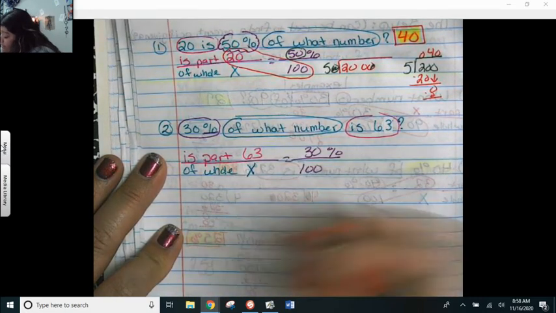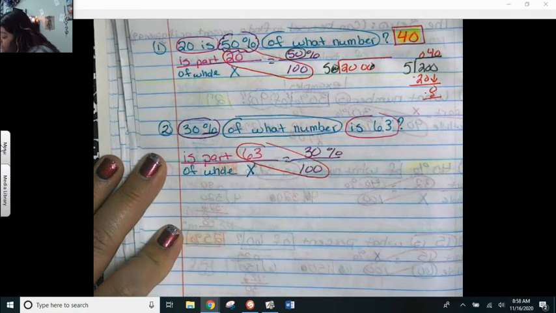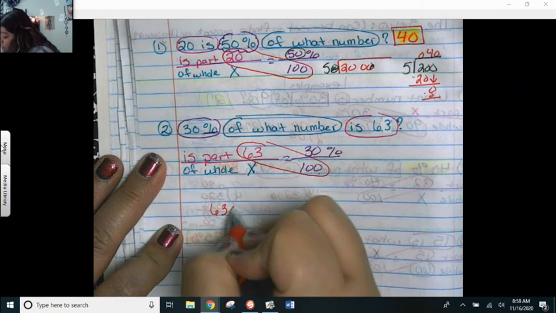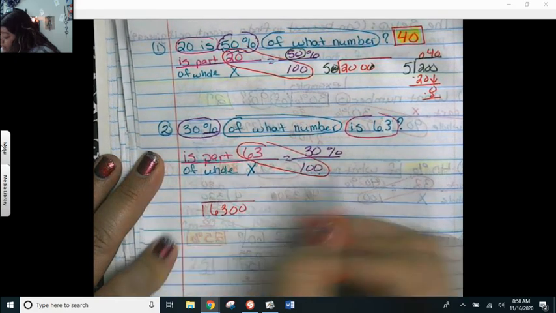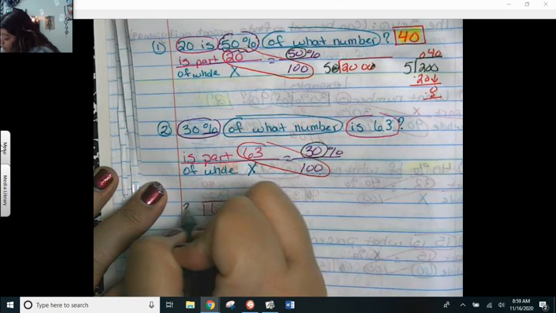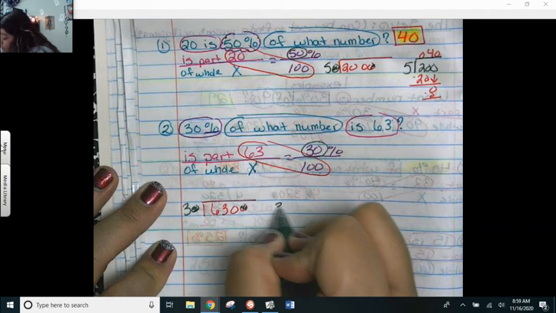Okay, now we're going to cross multiply. 63 times 100 is like saying 63 times 1, and add the 2 zeros. Divided by the number left, which is 30. Take out a 0, take out a 0.